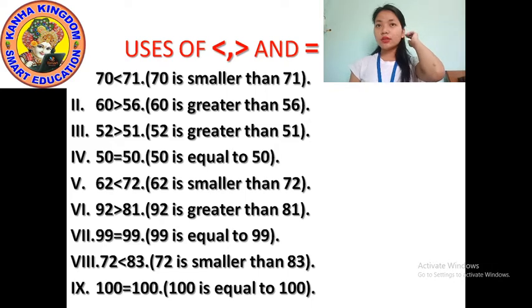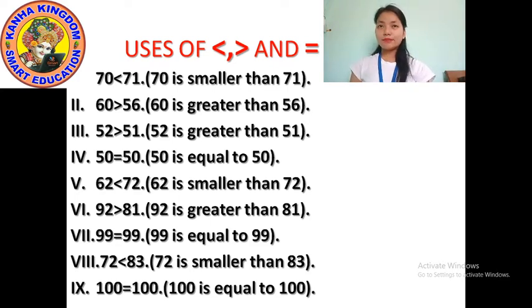In 4, 50 is equal to 50. If we compare 50 with 50, we find that 50 is equal to 50. And 62 is smaller than 72. When we compare 62 with 72, we find that 62 is smaller than 72.